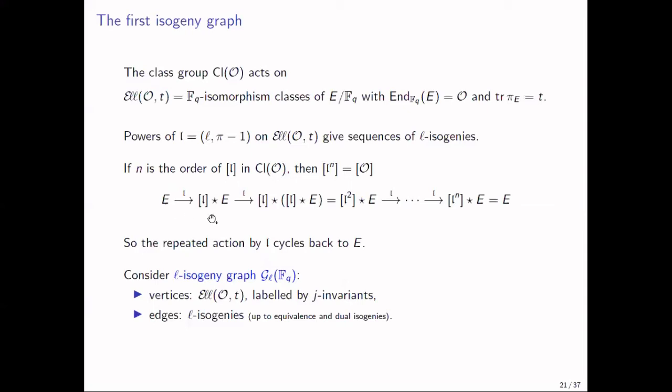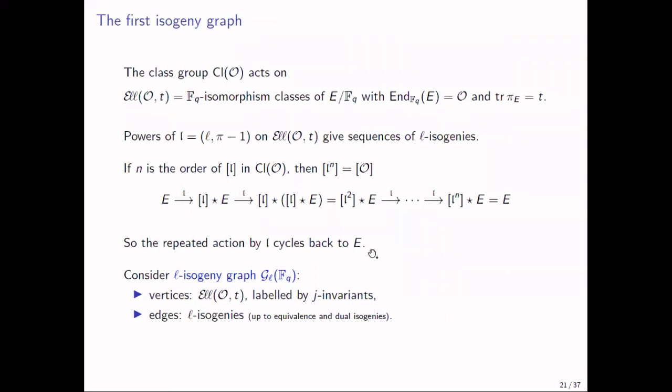So first you act by l and you get l star E. Then if you act by l on l star E, because it's a group action, you get l squared star E. And if you keep going, after as many iterations as is the order of the ideal in the class group, you end up with the same curve. So repeated action from E cycles you back to E.